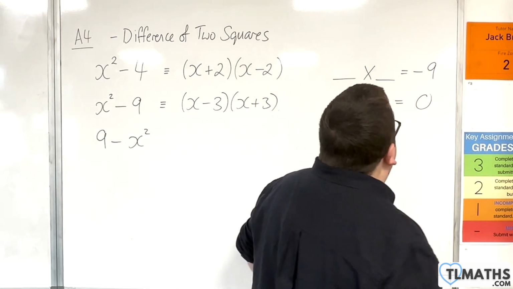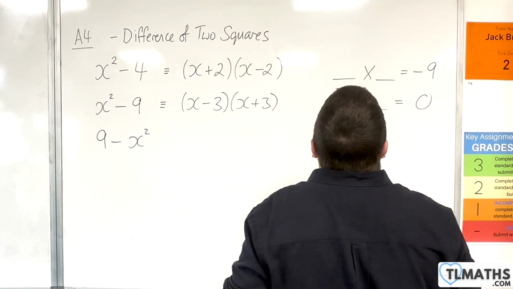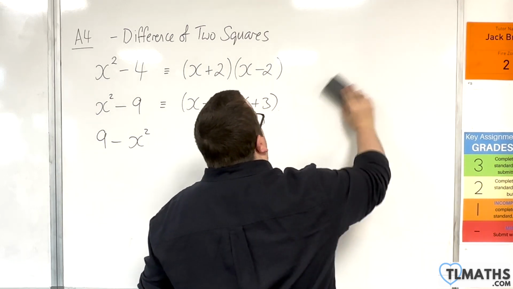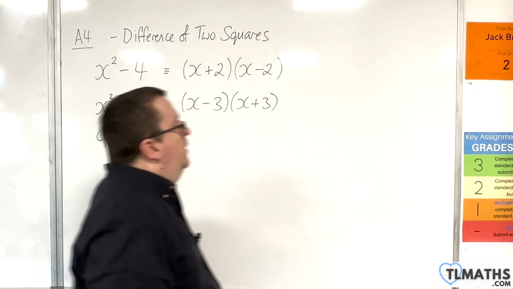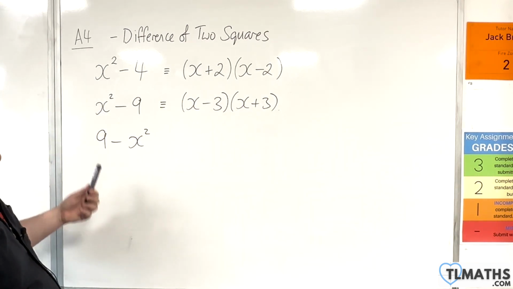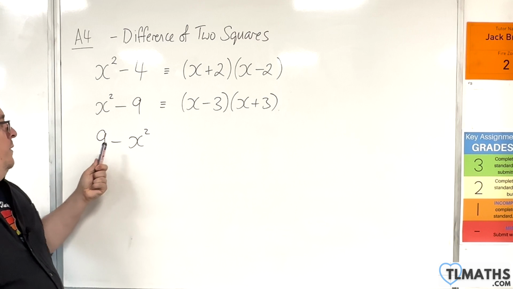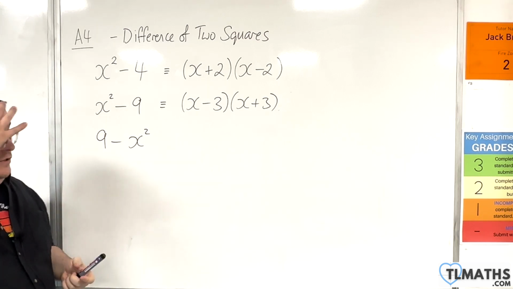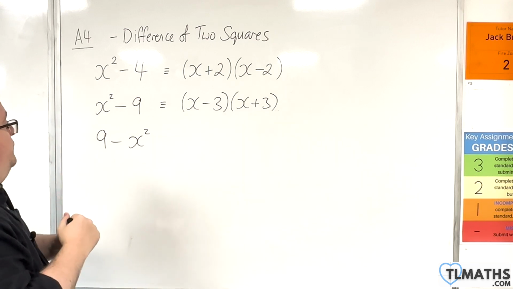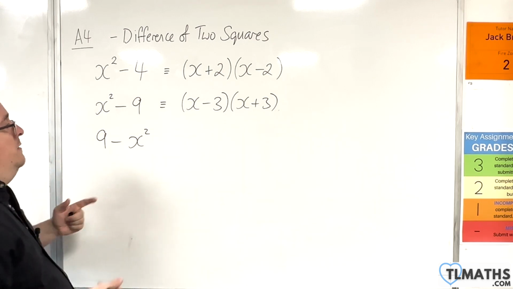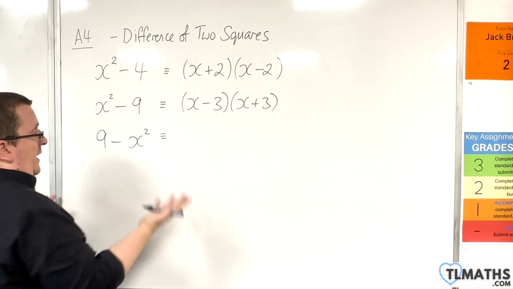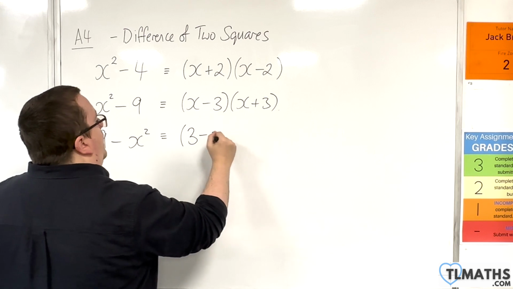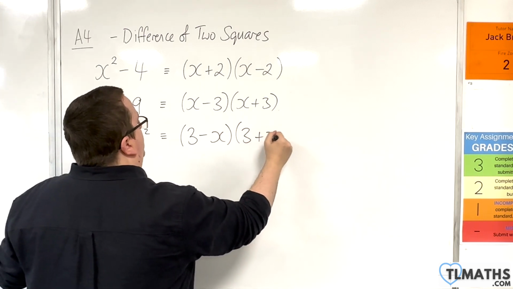And this is where we don't want to really think about it in this way anymore. What we really want to do is go, we've got a square number, we've got a square number. We are subtracting them, so it's the difference. So the square root of 9 is 3. The square root of the x squared is x. So we would have 3 take away x and 3 plus x.